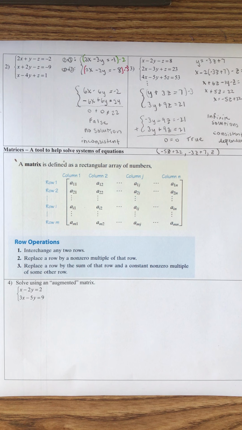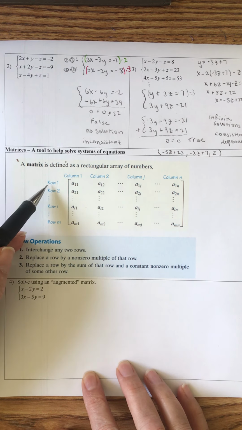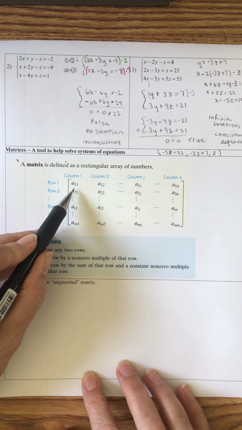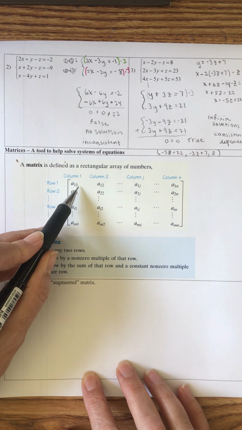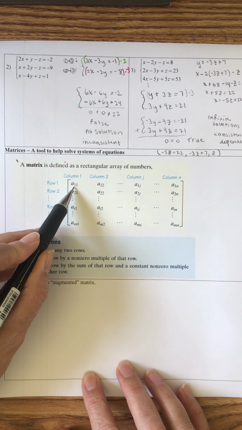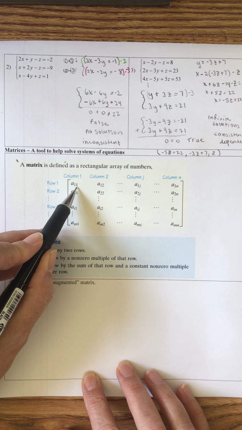All right, so now we're going to introduce the concept of a matrix or matrices. And they are a tool, one thing they're used for is a tool to solve a system of equations. And it's just an array of numbers such that there are rows and columns, and each element of the matrix has a little subscript here where the first digit of the subscript is the row number and the second is the column number.